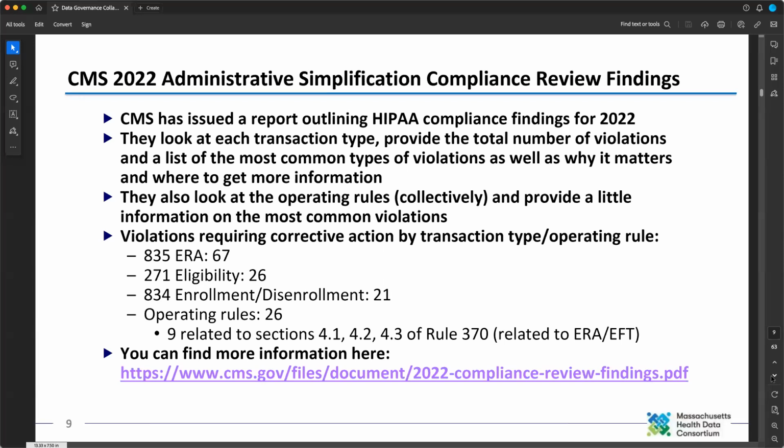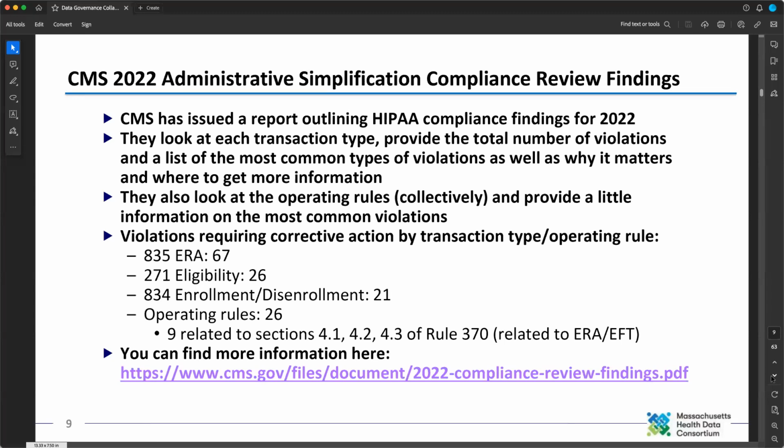For each transaction they provided the total number of violations, which I list below. But they also talked about the 2 to 4 most common types of violations and why it matters that folks were not in compliance and how to get more information about that.